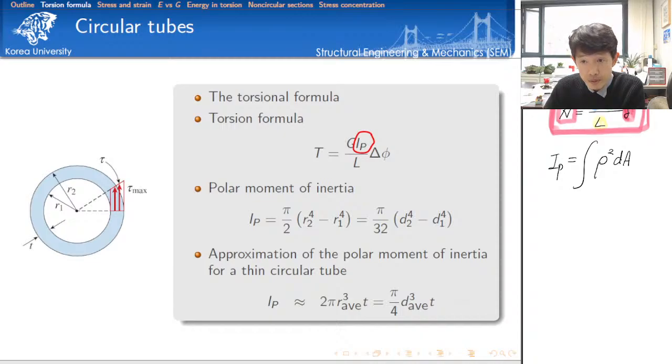To calculate the polar moment of inertia, let's imagine that we have a cross section, and we consider a small area, and then we need to consider the square of its radius, okay?